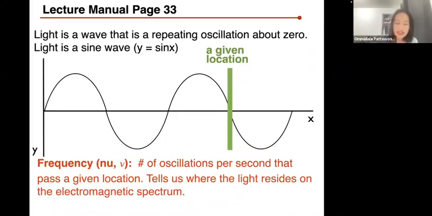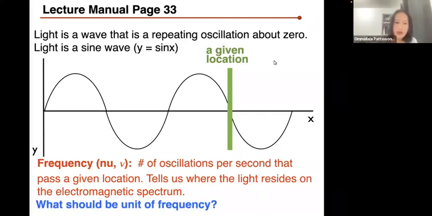Both wavelength and frequency tell us where the light resides on the electromagnetic spectrum. They both can tell us what type of light it is, for example, green light, yellow light, ultraviolet, or X-ray. We can look at the electromagnetic spectrum, which we are going to see later, to find what type of light it is according to the frequency and wavelength.